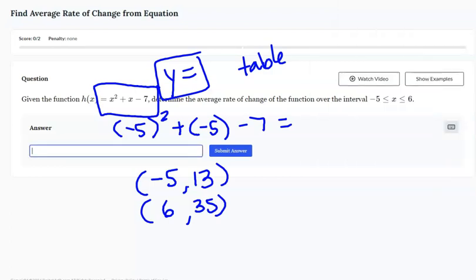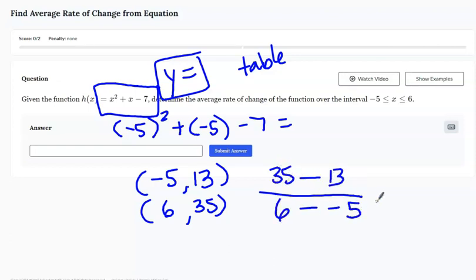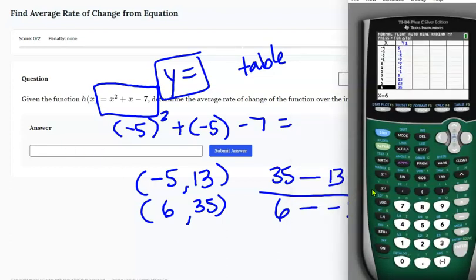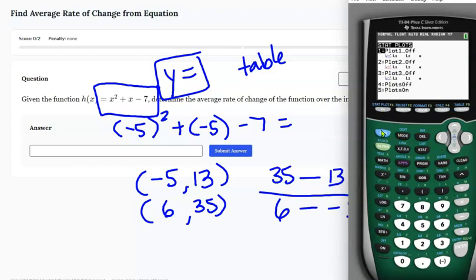Now I'm going to set up my subtraction fraction here. 35 minus 13 over 6 minus -5. And then, just to be safe, I'm going to compute this on the calculator. Set up my fraction here.